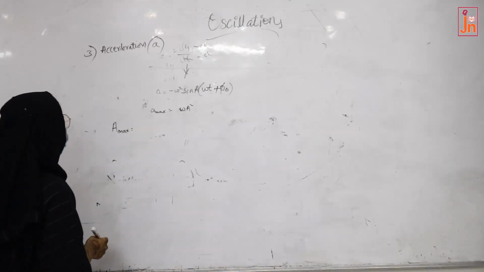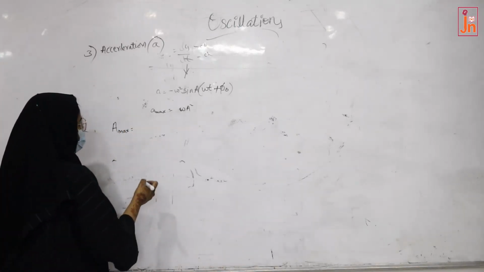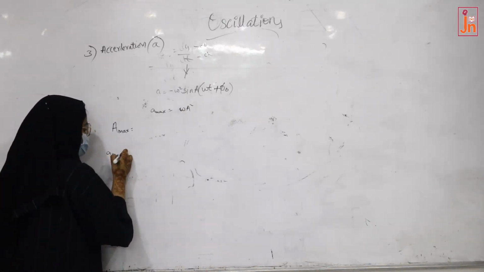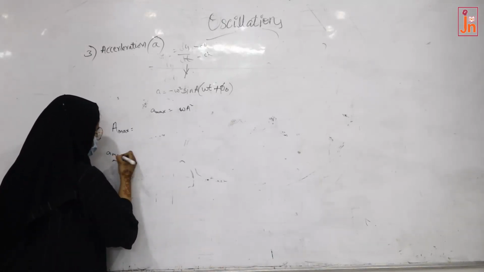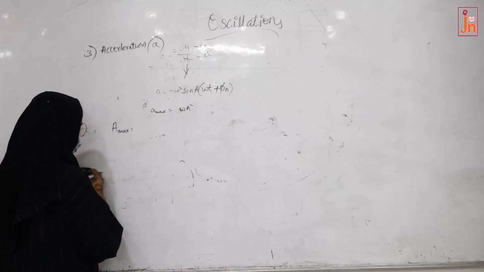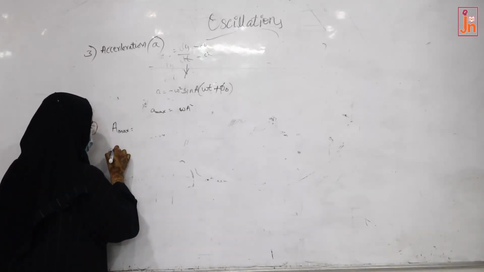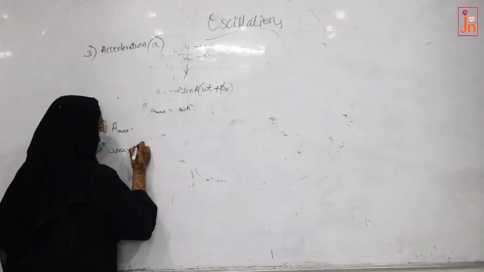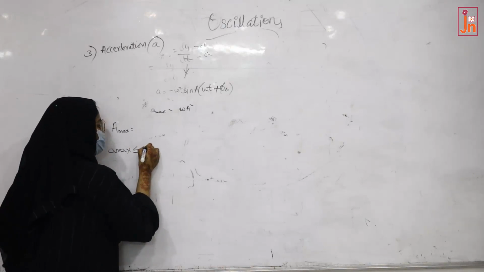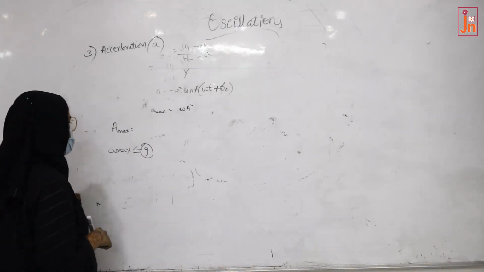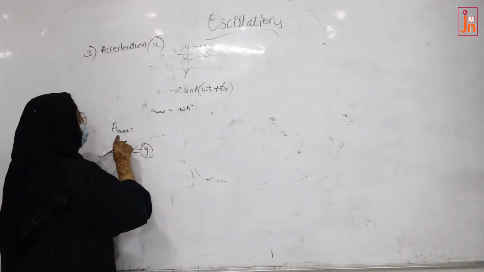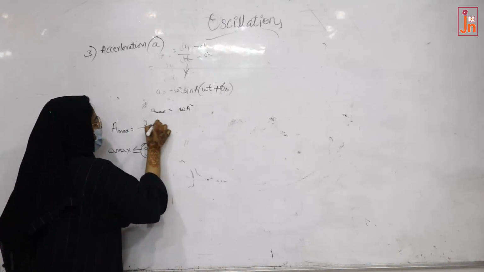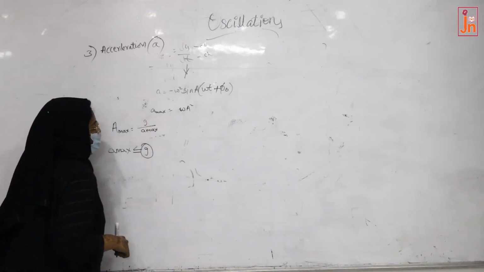For finding the maximum amplitude, we need to know that the maximum acceleration, a max, should be smaller than or equal to the gravitational constant g. So we can say that the maximum amplitude is equal to g by a max, which is the maximum acceleration.